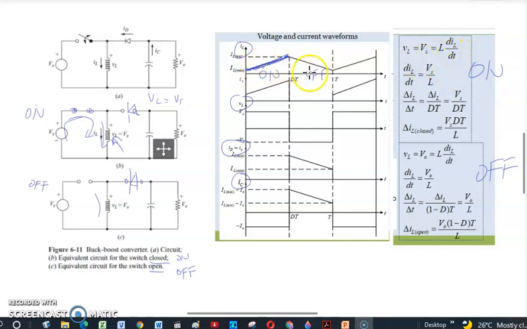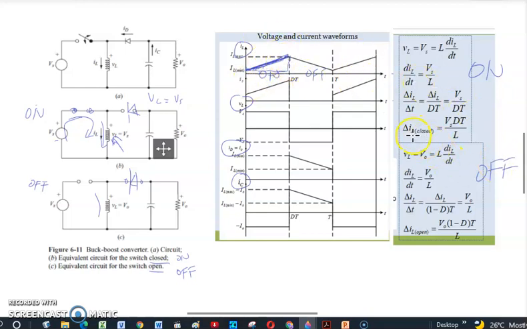Okay, so when we perform the differential equation, you can see that during the switch on period, the amount of area below our curve here is equal to Vs dt divided by L. Okay, we rearrange the equation here.